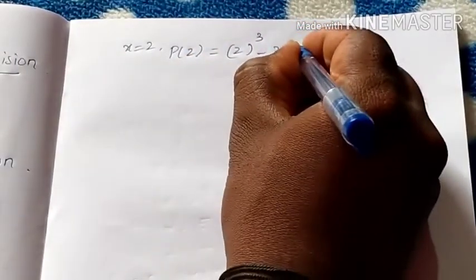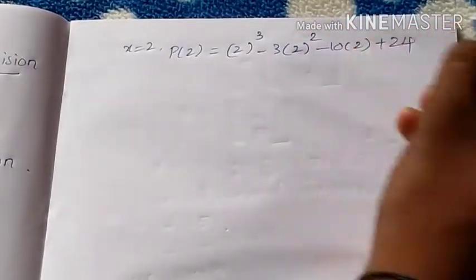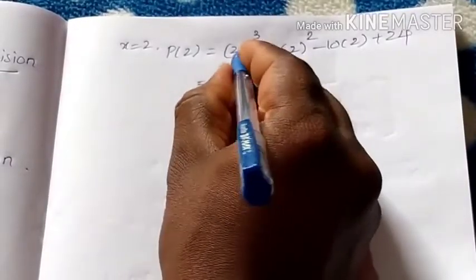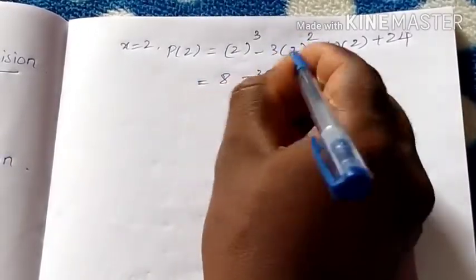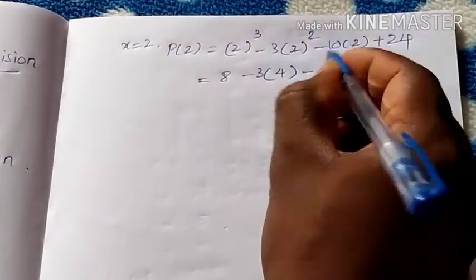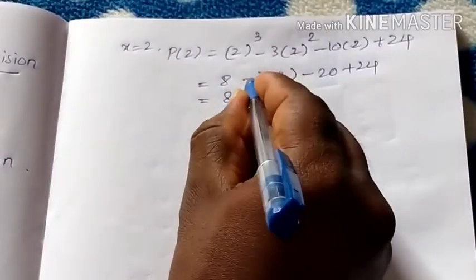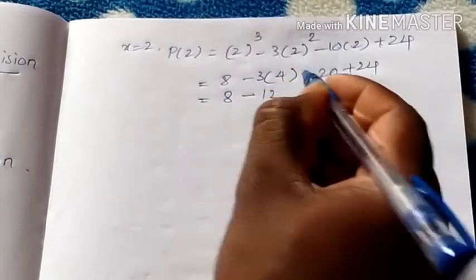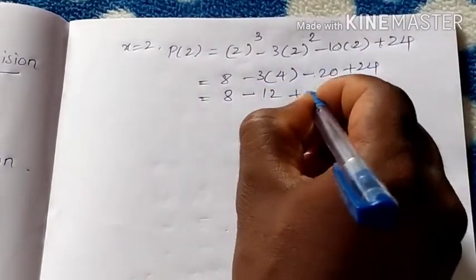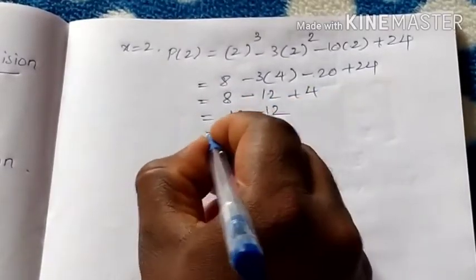So p of 2 is equal to 2 cube minus 3 into 2 square minus 10 into 2 plus 24. 2 cube value is 8, minus 3 into 2 square is 4, 3 fours are 12, minus 10 twos are 20, plus 24. 8 minus 12 minus 20 plus 24, that is 8 plus 4 is 12 minus 12, which is equal to 0.